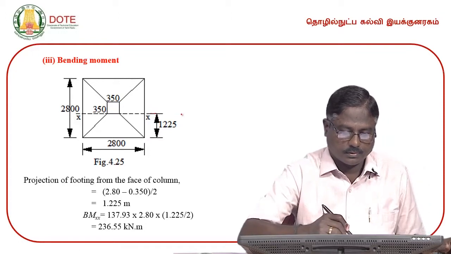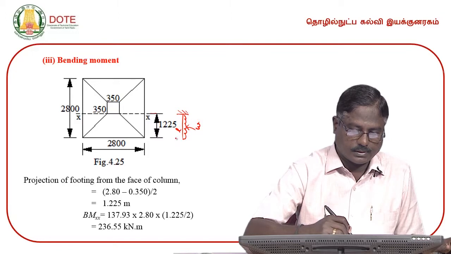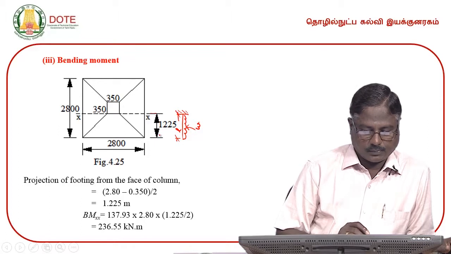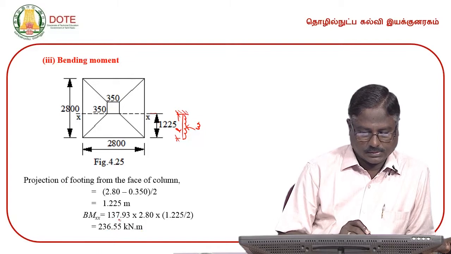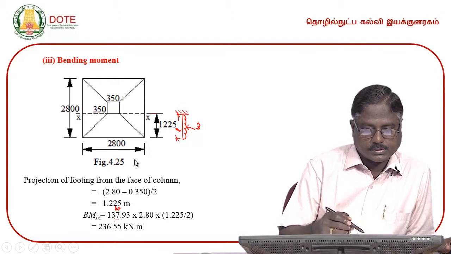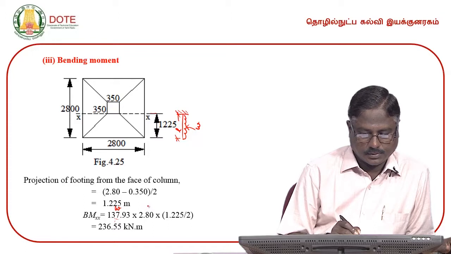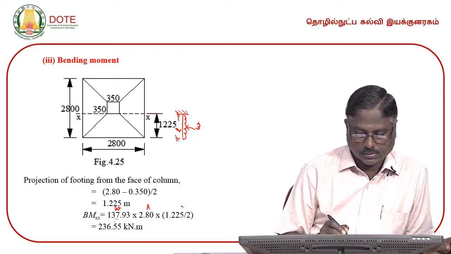We can take a diagram like this, with the loading W and the projected length L. Now, the bending moment along this section xx is found to be 236.55 kilonewton meter, where 137.93 is W times 2.8, and 1.225 is L. The moment is W L square by 2, with L squared here.